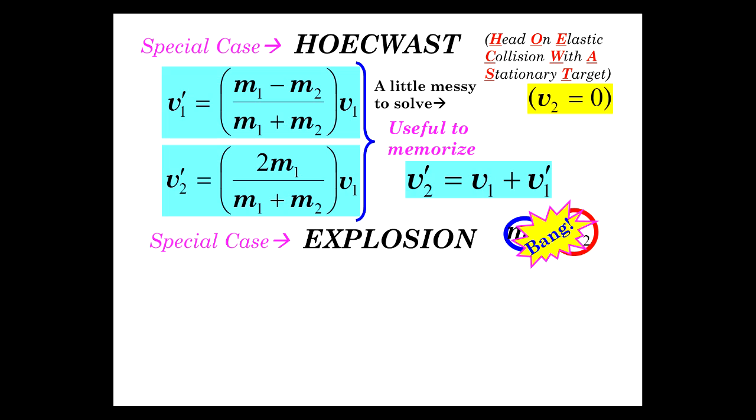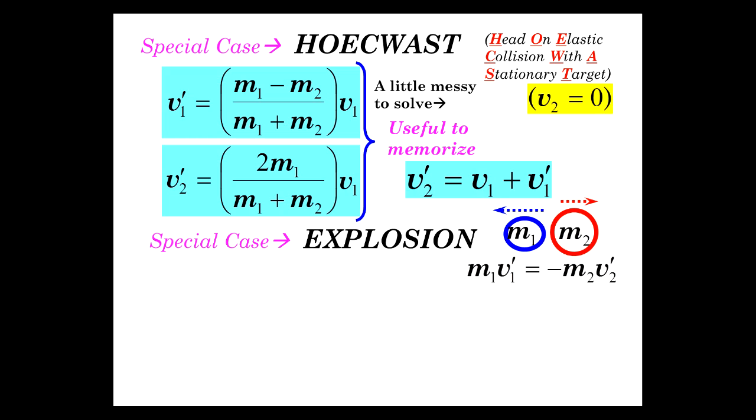Bigger explosions, all the better. So after the explosion is done, M1 is moving to the left, M2 is moving to the right. Notice M2 is perhaps a little more massive, and as you would guess, the velocity is going to be less. These are not momentum vectors, these are velocity vectors. And they are in inverse relation to the masses, as you could surmise.